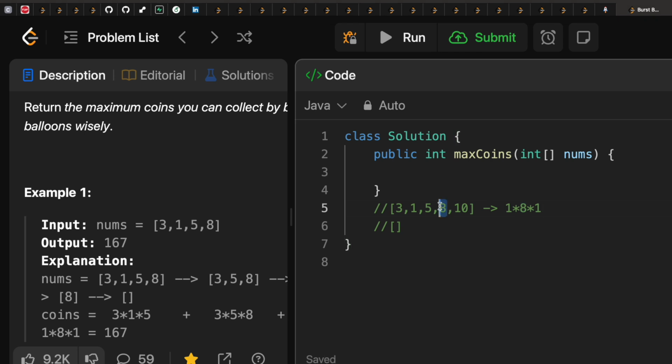So we are bursting it at last, and now we move to these elements and try to burst them. Now we are deciding to burst the 3. As we know, we have busted all the elements and we are only left with the 8. So now I can take this same array.